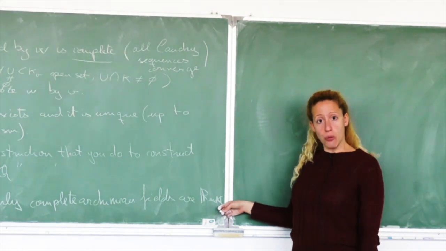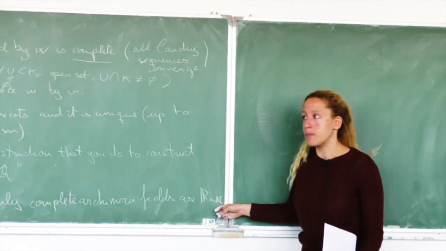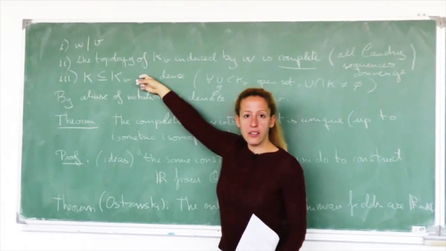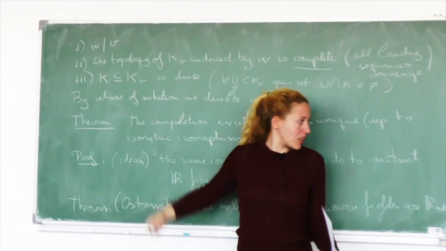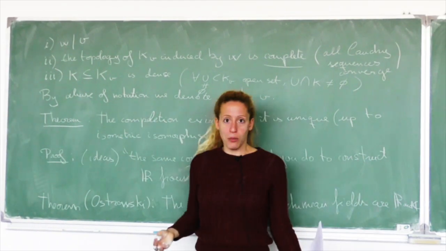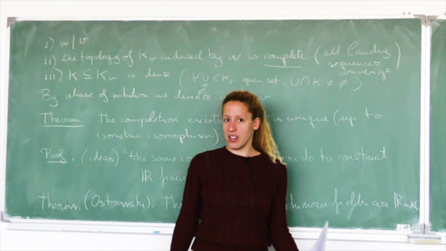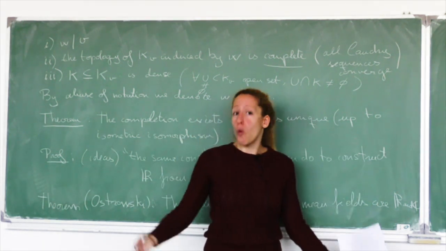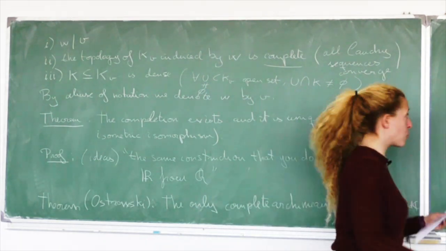The rationals are not dense in the complex numbers. So this condition is not satisfied, the third one. Which means, in particular, that C cannot be the completion of any other Archimedean absolute value for the rationals. Which means that there is only one Archimedean absolute value for the rationals.